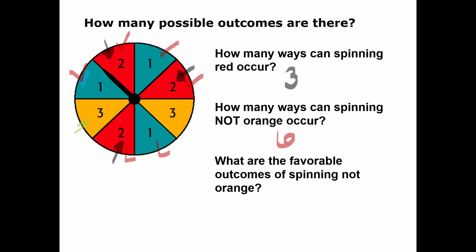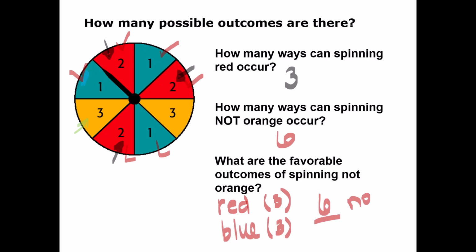And what are the favorable outcomes of spinning not orange? Well, we can see that we have red, and there are 3 of those. And we have blue, and there are 3 ways to get a blue. So we have 6 possibilities that are not orange.